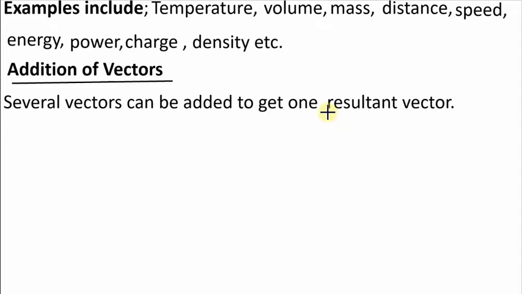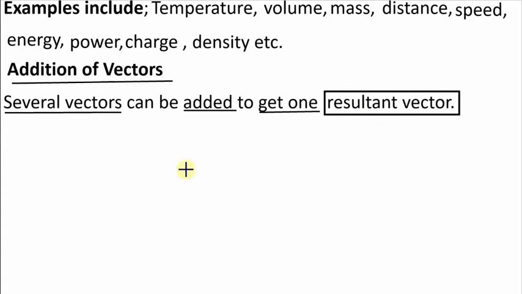If you have so many vectors acting on one point, you can add them, and when you add them, you get one vector. That one vector which you get is what we call the resultant vector.